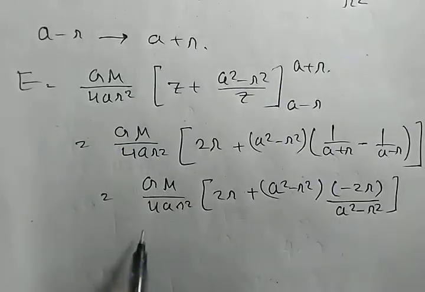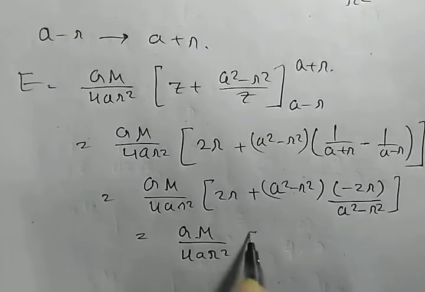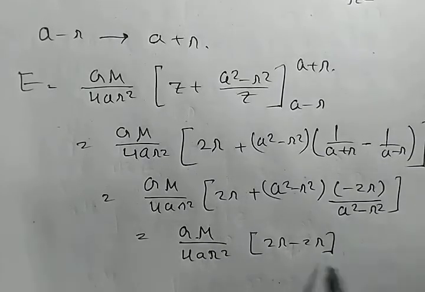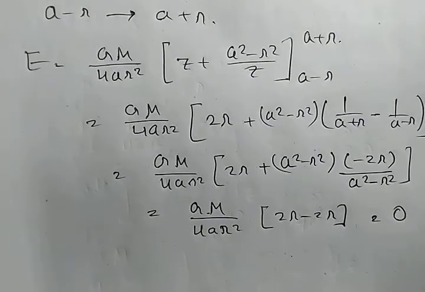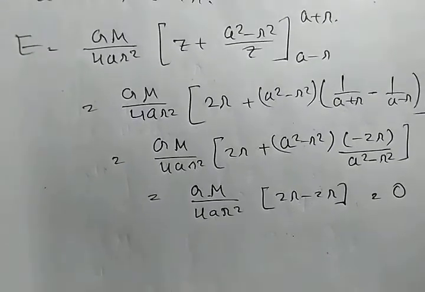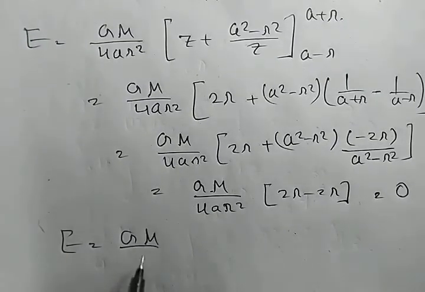So if these two terms cancel out, it becomes G M by 4a r square, 2r minus 2r. This becomes 0.